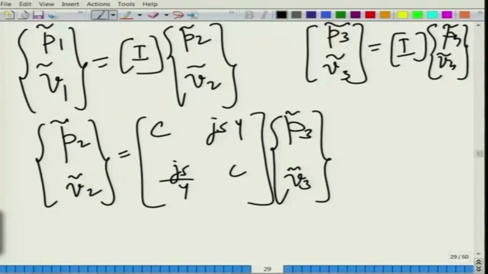We all know that I is the identity matrix, with diagonal elements 1 and 0 as we know. So, 2 cross 2 stuff.